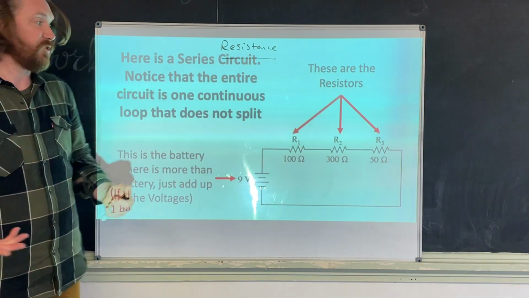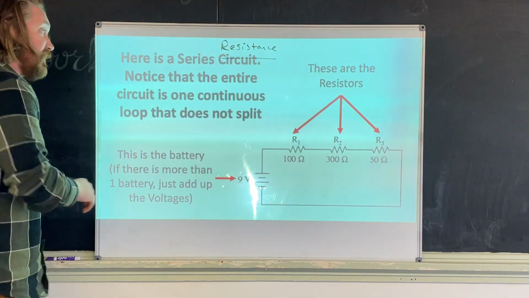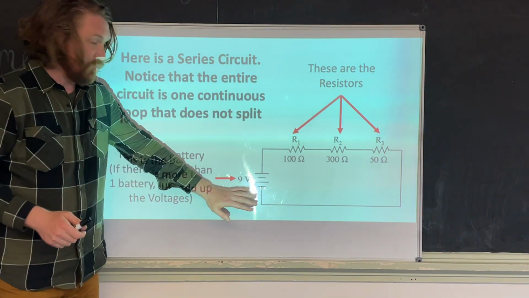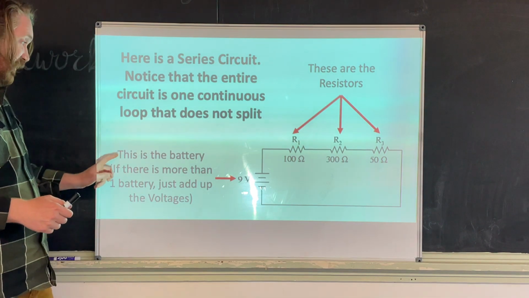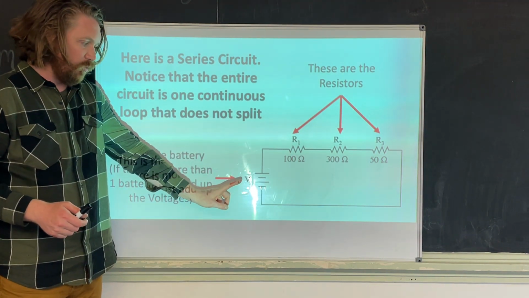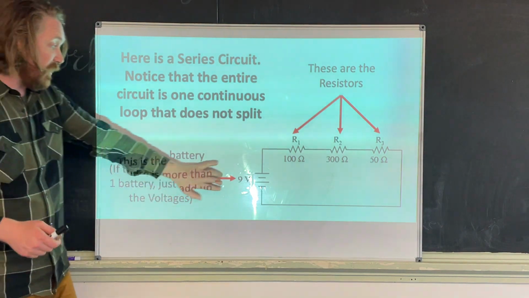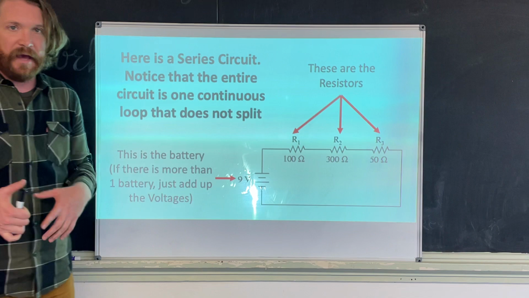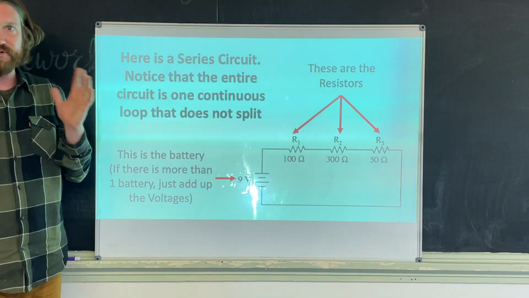I should have put this one first. So here is a series circuit in its entirety. Again, here's your battery. In fact, this is technically 2 batteries right here, but they have a total of 9 volts. If both of these were 9 volts, all you do is just add up your batteries. So it's really simple to find your total voltage.